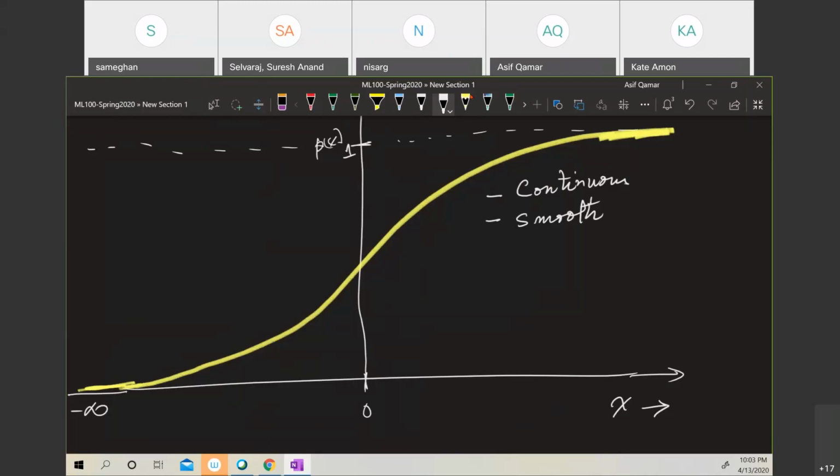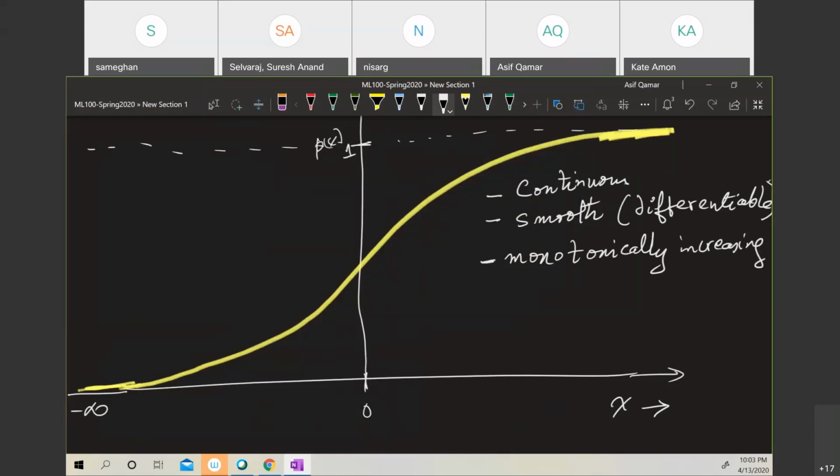The word smooth mathematically means it's differentiable, meaning you can find the derivative everywhere of this function. But forget about the calculus aspect if you are not interested in it. Just notice that it is smooth. The other thing it has is monotonically increasing. Do you see that, guys? As x increases, it keeps on increasing.